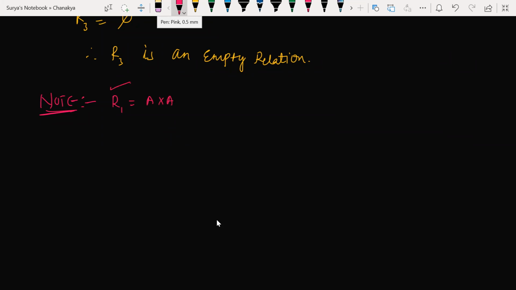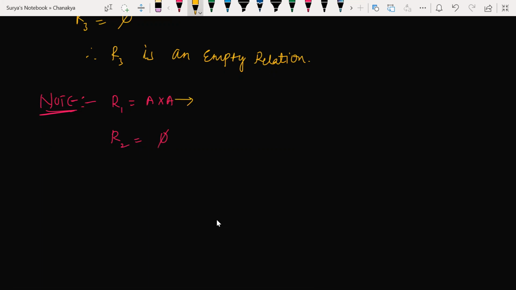You are writing a relation from set A to A. And let's say R2, which is also from set A to A only, but you are getting an empty relation, or else you give a name called R2, which is an empty relation.